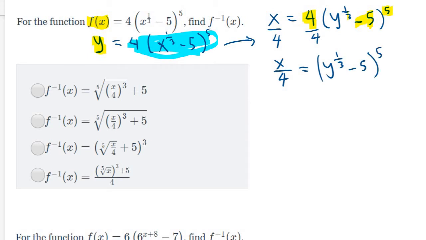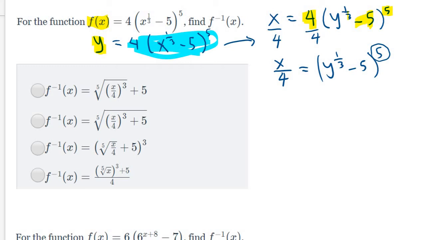All right, now if you follow the steps of creating this function, the next step is to undo this exponent of 5. To undo the exponent, we have to take the root. Root is used to get rid of a power. So we're going to take the 5th root of both sides.